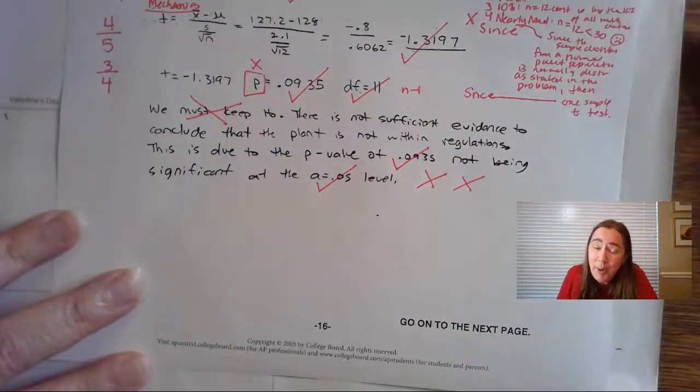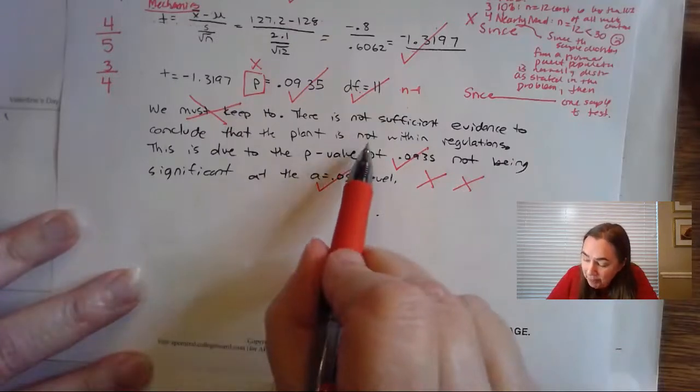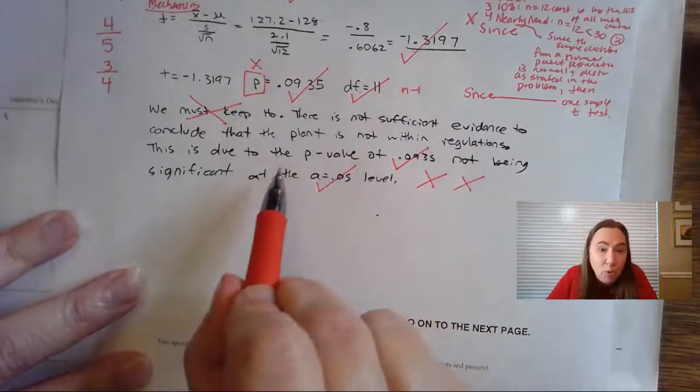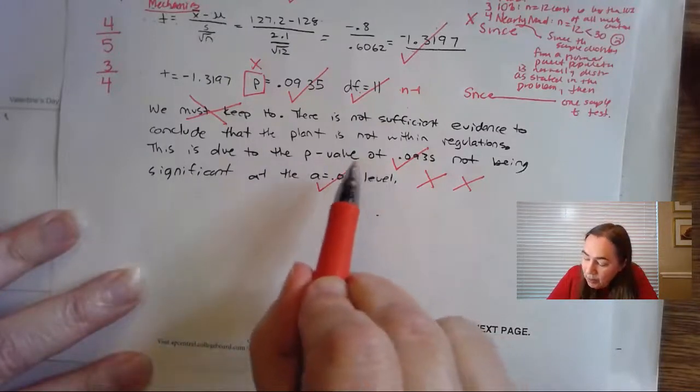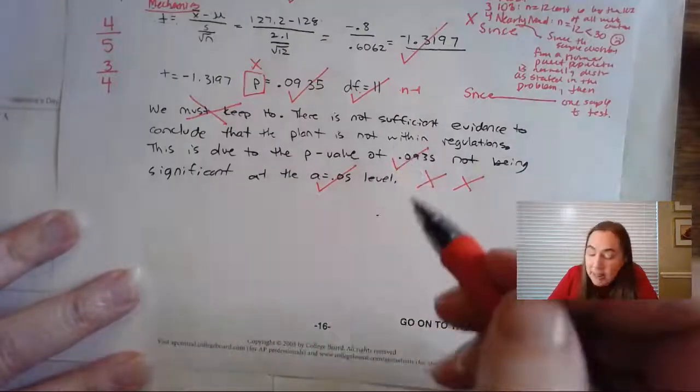We actually don't know anything about the veracity of this claim at this point. This particular sample just didn't tell us anything about what to do. We just don't have evidence of anything. So that is the next thing that we're going to be saying. We do not have evidence that it's not equal to 125. I don't see that sentence here, that they've restated the Ha.